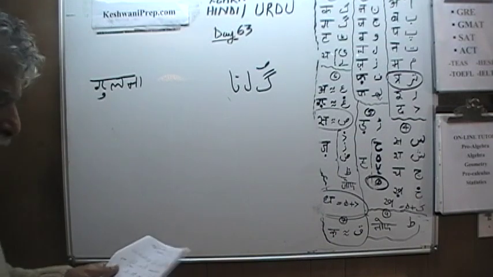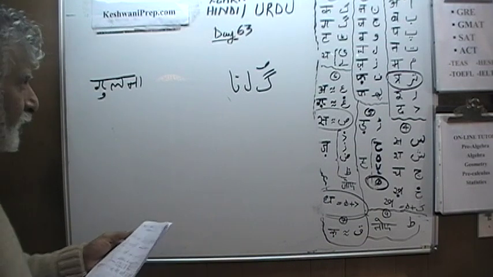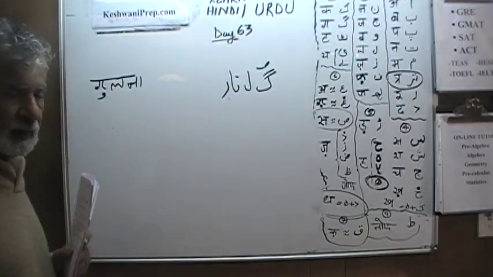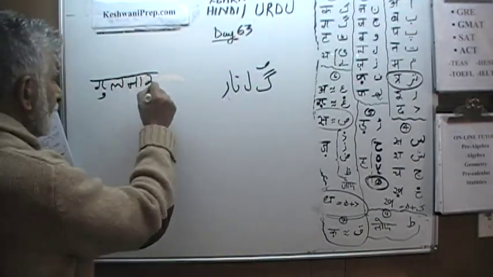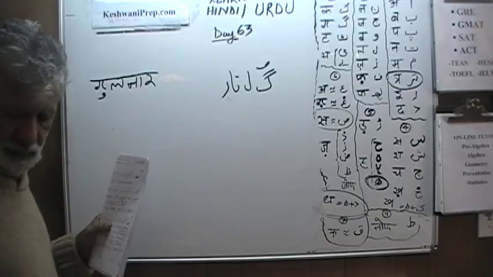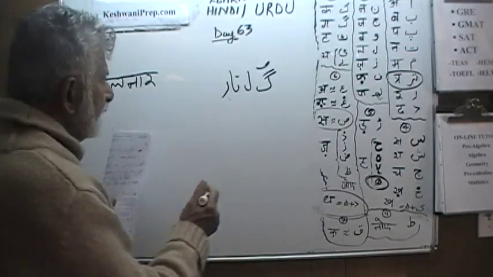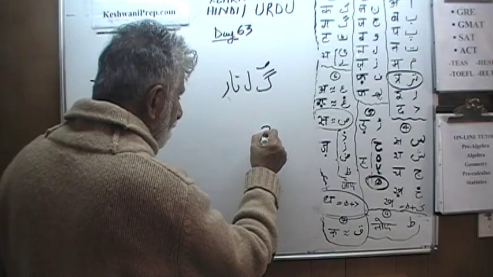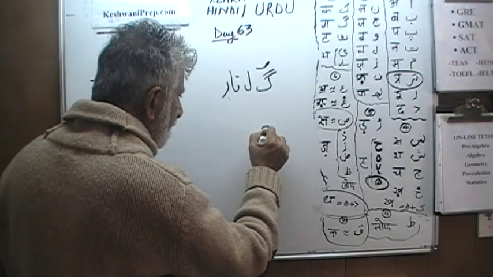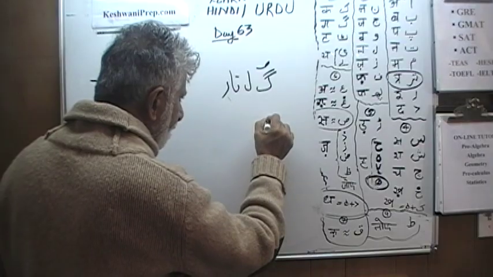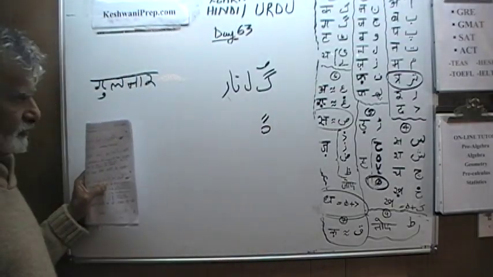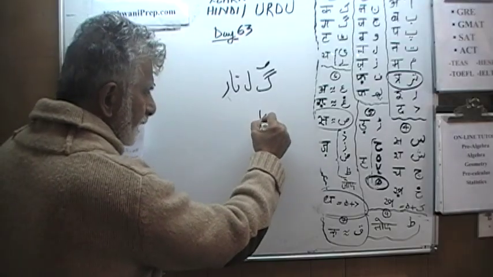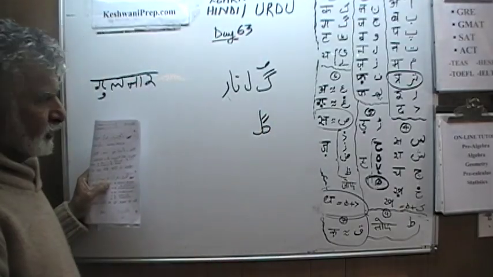So gulna is the actual word, and from the word gulna we have gulnar. Gulnar means to be ashamed. Just put them together. I shouldn't have written it so high. So this is what it's going to look like. Pay attention. When the G is about to join something, it takes this form. That's a G, and it's about to join the L. But of course we don't write it like that.